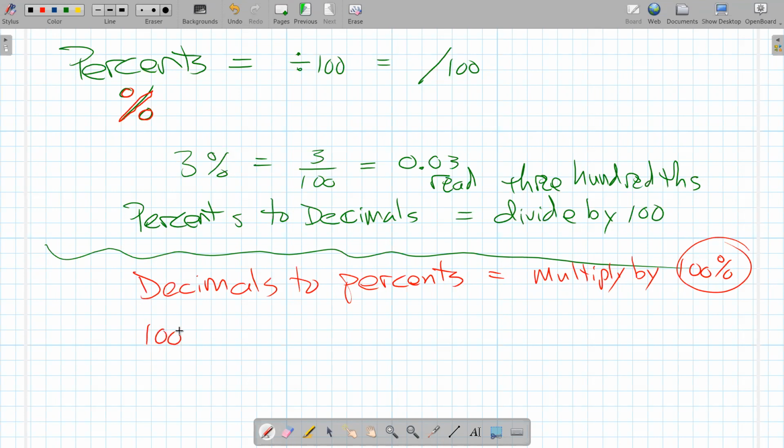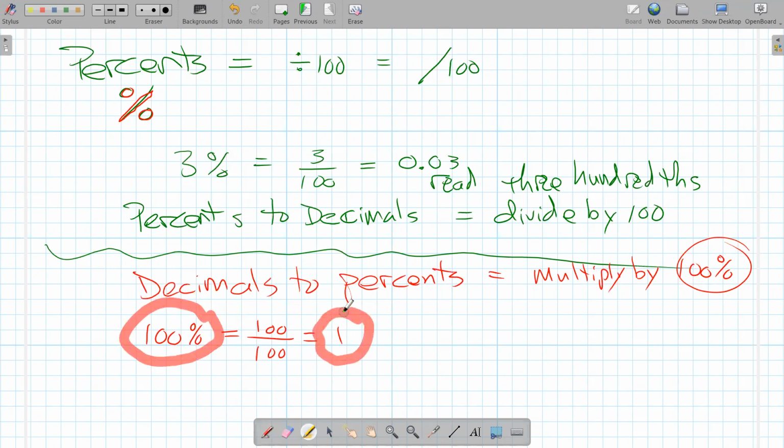Consider that number 100%. What does percent mean? Well, percent means divide by 100. What's 100 divided by 100? It is 1. So this is a super important thing that's going to come in useful as we work in the next few sections, that 100% and the number 1 are the same number. 1 is 100%.